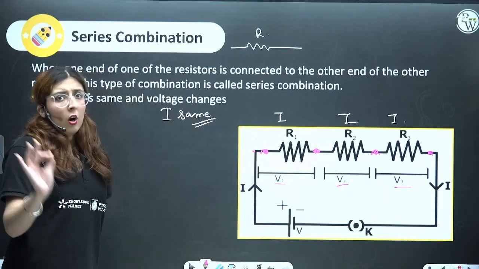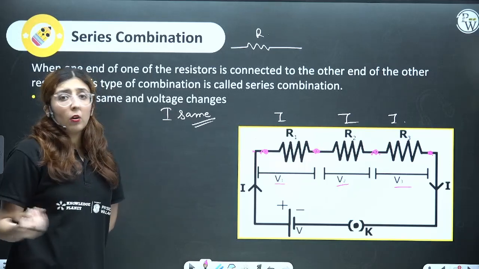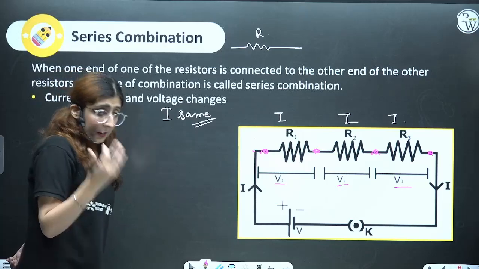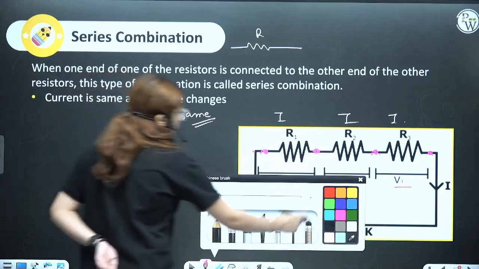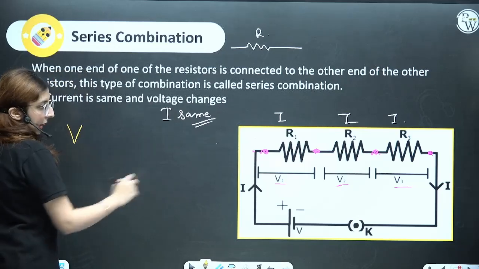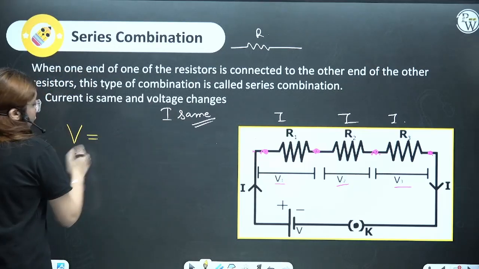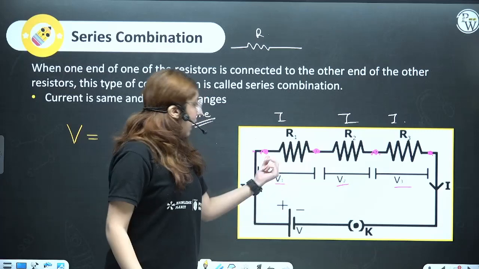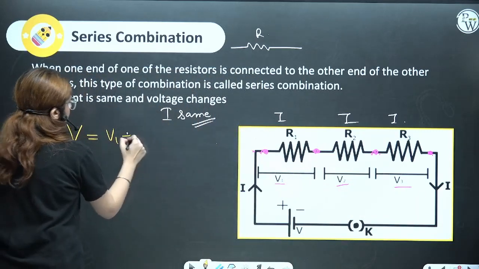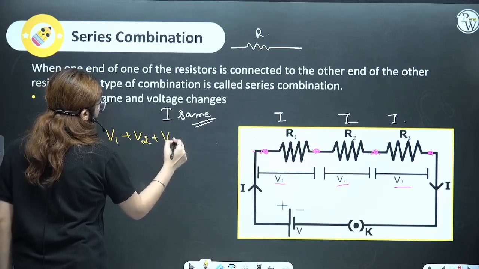So how are you going to find the net resistance or equivalent resistance? There is a derivation, and I am doing that also. What is the total voltage? V. In order to get the total voltage, I will add all the voltages, so V1 plus V2 plus V3 will be the total voltage.